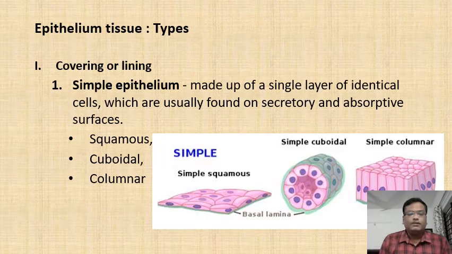Now, the covering or lining type of epithelial tissue is again divided depending upon the shape and size of the cells. The first one is simple epithelium. It is made up of a single layer of identical cells which are usually found on secretory or absorptive surfaces.